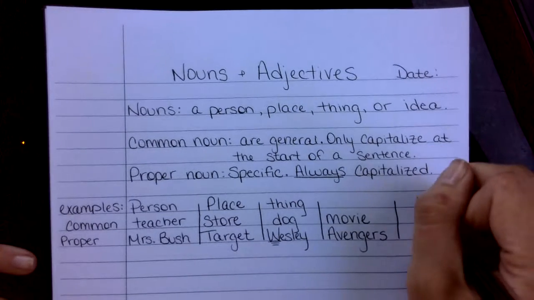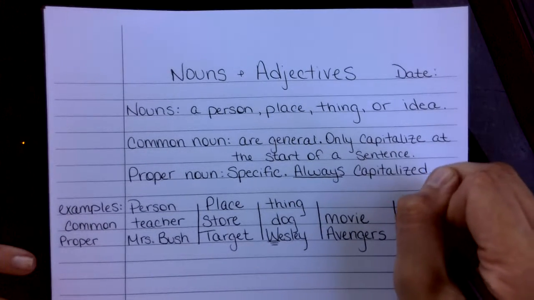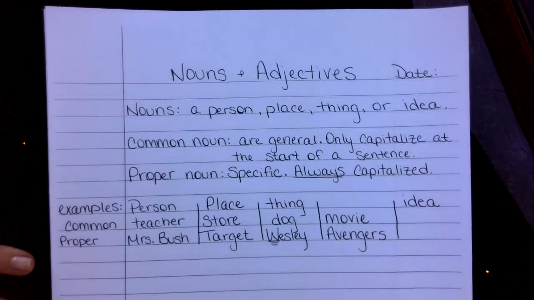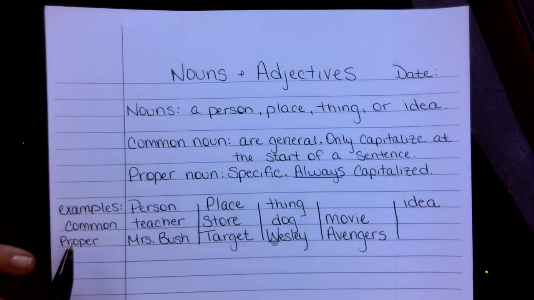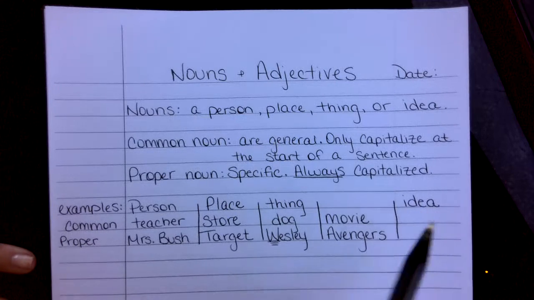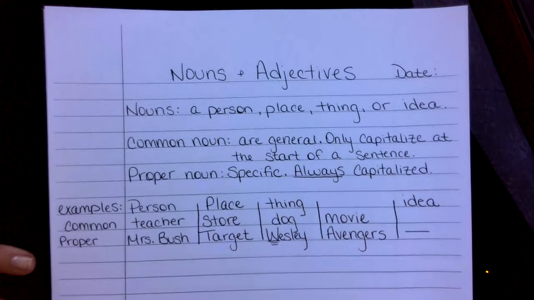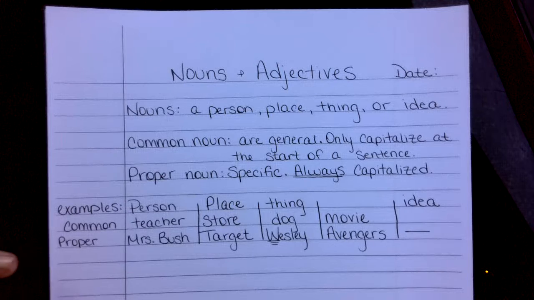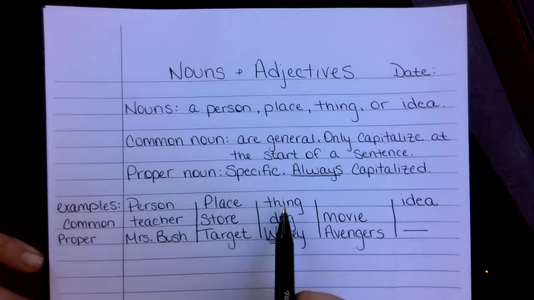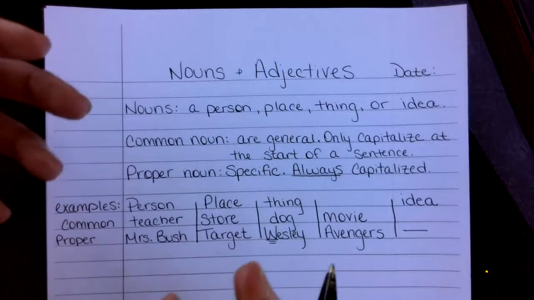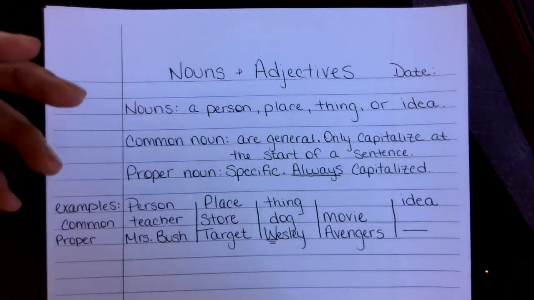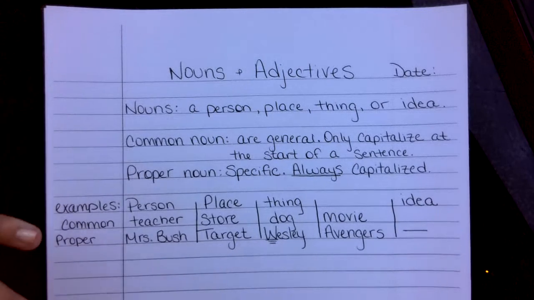All right, our last type of noun is an idea. We don't usually refer to ideas as proper nouns, so I'm just going to put a little mark right there. But let's talk about an idea. This is something that you can't touch, that you can't hold on to. It's not a thing, because it's not something you can grasp. It's not an inanimate object, but it's like a concept.